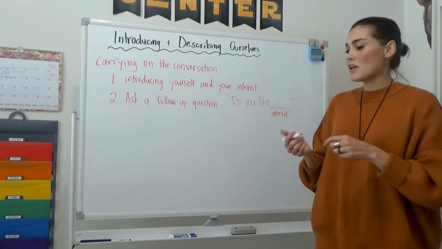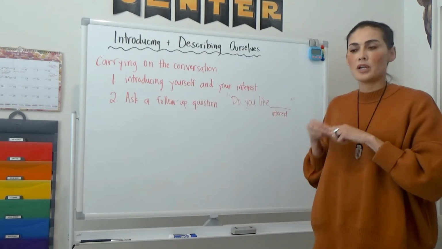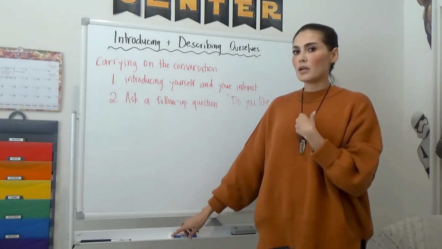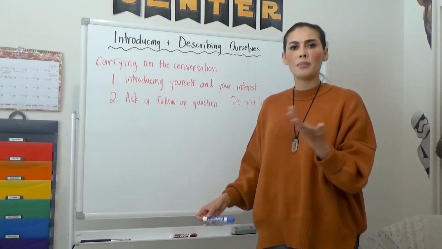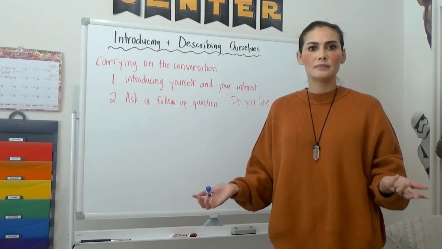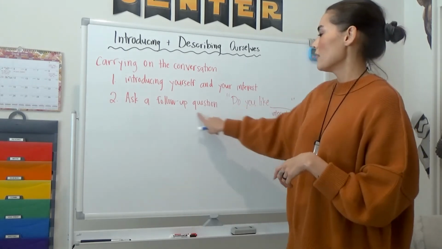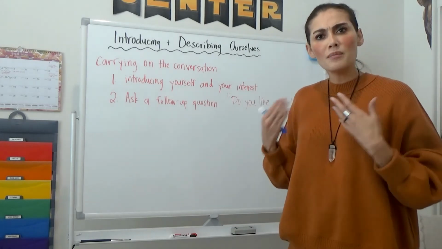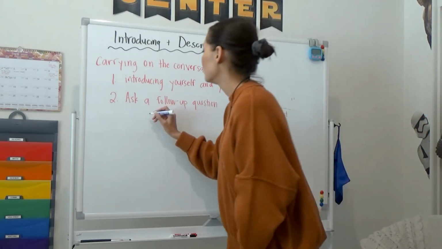Or maybe they've shared their own interest. Maybe I told them I like Star Wars and they said, oh, I prefer Marvel, I really like Spider-Man. For that one, I would say a follow-up question would be, oh, tell me more about that.